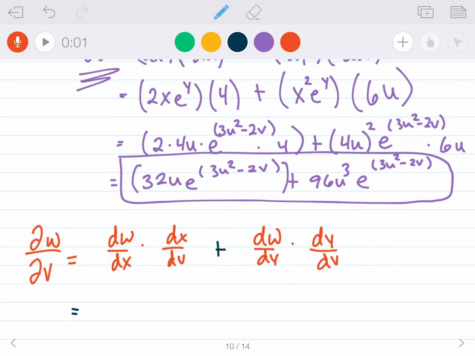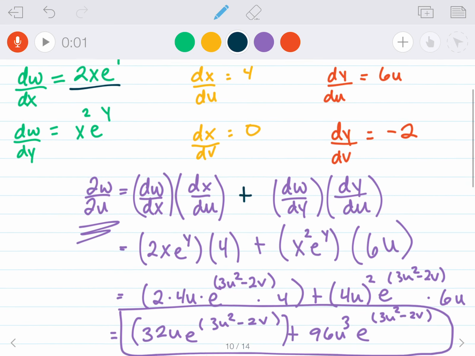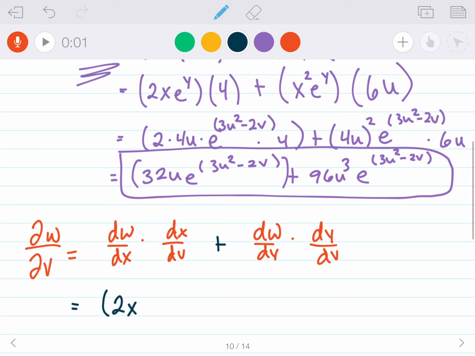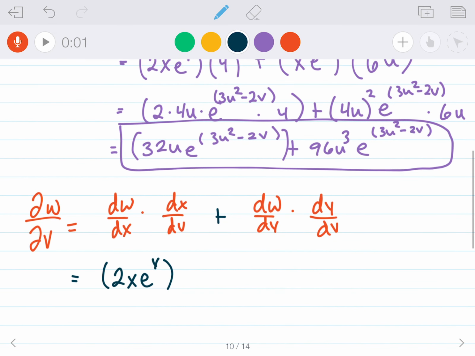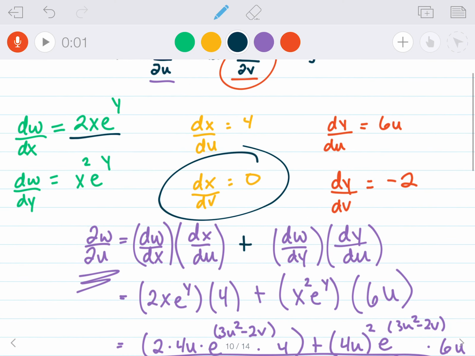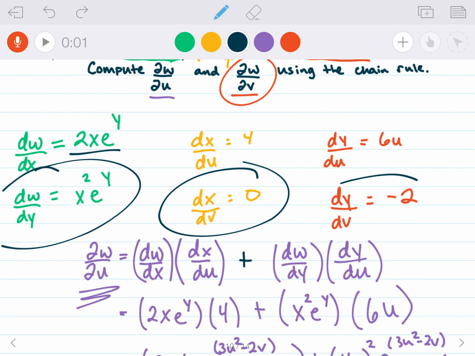So the partial of w with respect to x, we found it. It's 2x e to the y. Partial of x with respect to v is 0. Plus partial of w with respect to y, x squared e to the y. And then finally, partial of y with respect to v is -2.